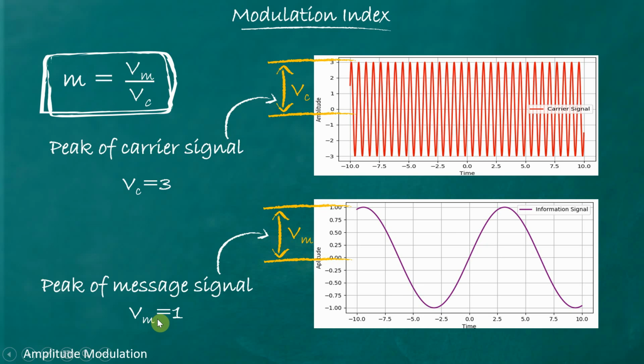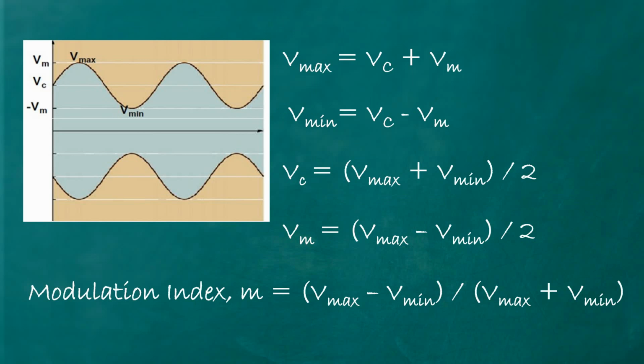So as Vm is equal to 1 and Vc is equal to 3, modulation index m is equal to 1 by 3. So this way you can find out. Later on we'll see what happens if m is equal to 1, or m is less than 1, or m is greater than 1.